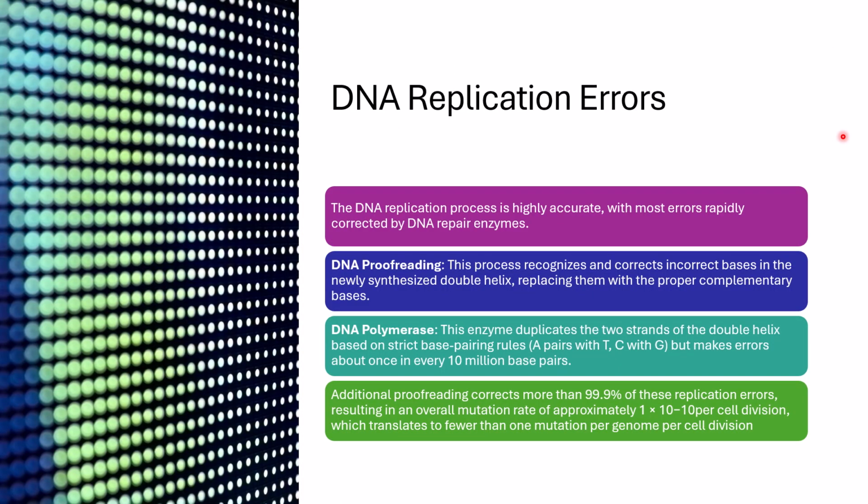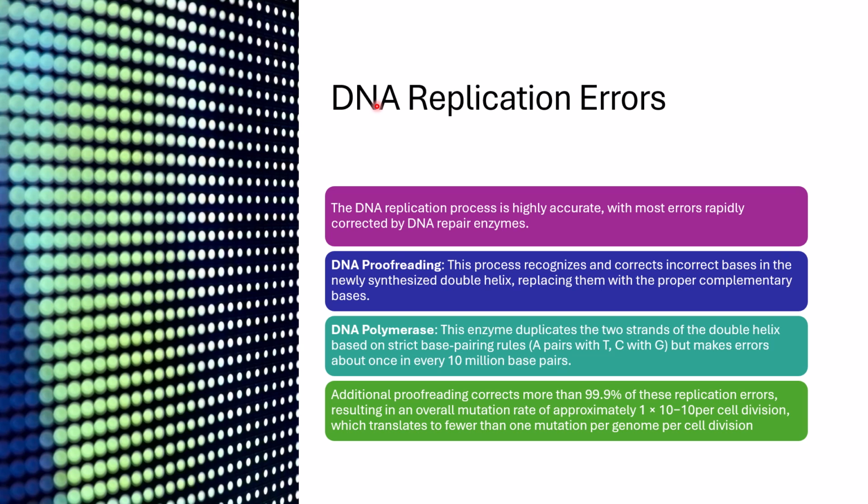DNA replication is a process that is very highly accurate, and most errors are rapidly corrected by DNA repair enzymes. We usually call them DNA polymerases. This happens through what we call DNA proofreading. The process recognizes and corrects incorrect bases in the newly synthesized double helix, replacing them with the proper complementary bases.